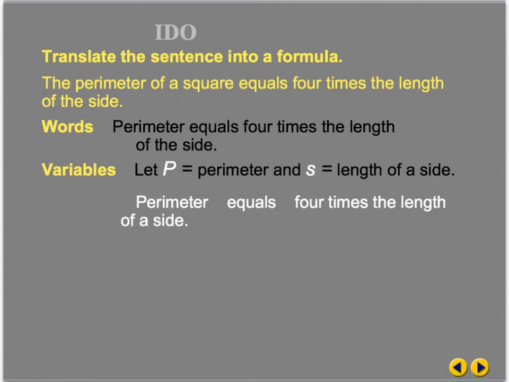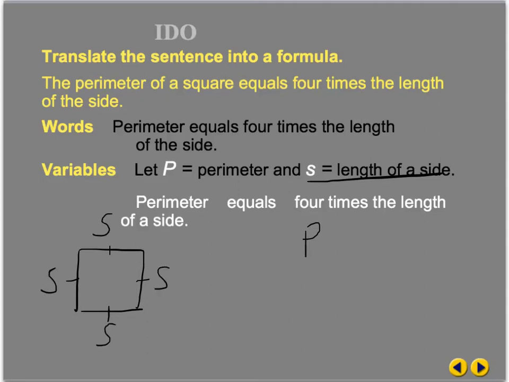Okay, so here we want to translate this sentence into a formula. The perimeter of a square equals 4 times the length of a side. Here I have my square. We know that the perimeter is adding up all of the sides. So here plus here plus here plus here is equal to the perimeter. And s is the length of a side, so I'm going to label them all s.